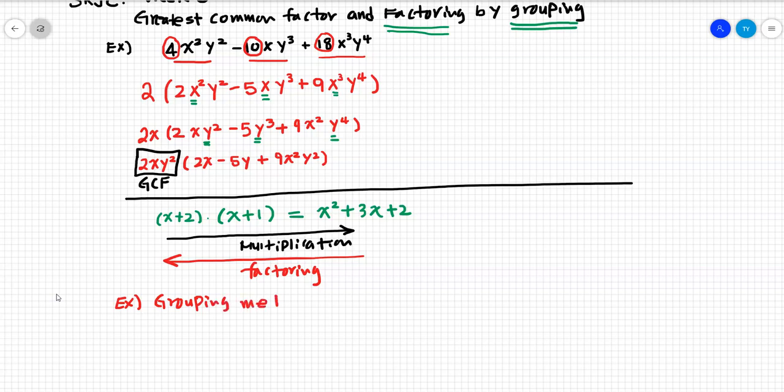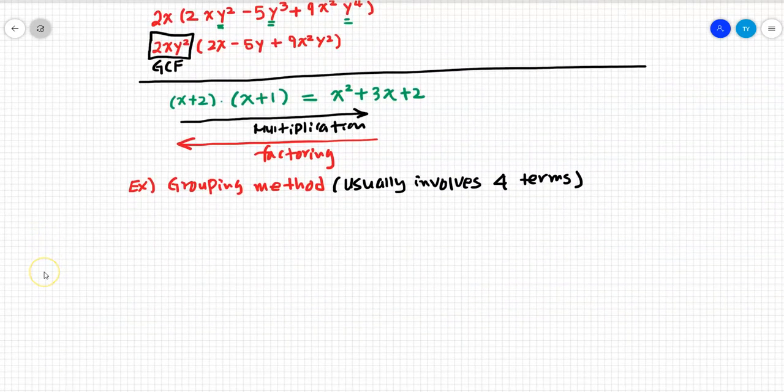Now it's not always true, but usually the grouping method involves 4 terms. So if you have 4 terms, you might consider whether you're going to have to use the grouping method or not. I'm going to show you how to use the grouping method by giving you an example here.